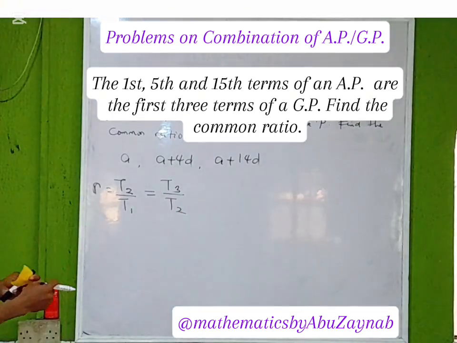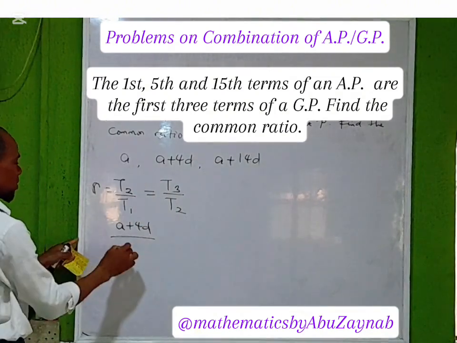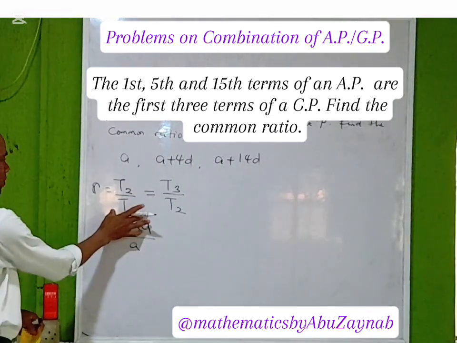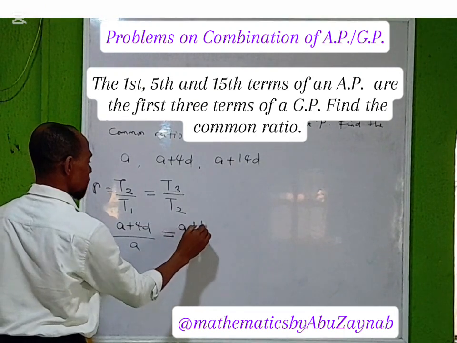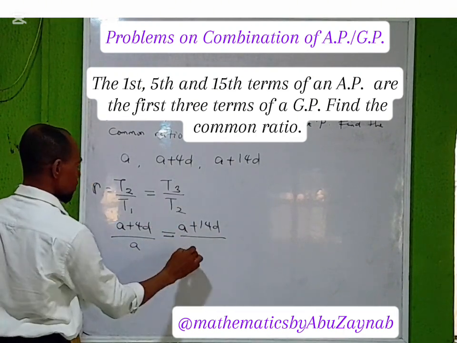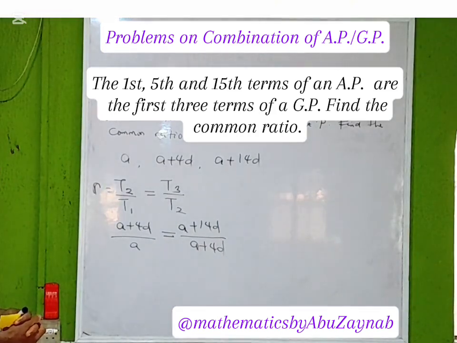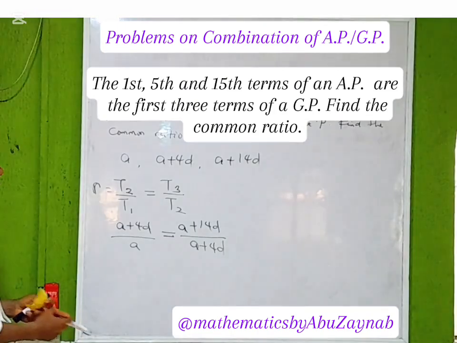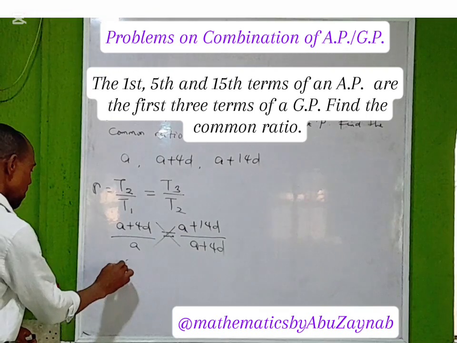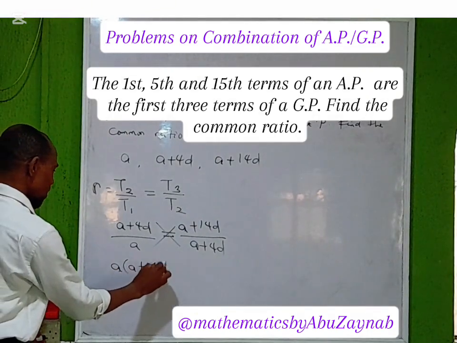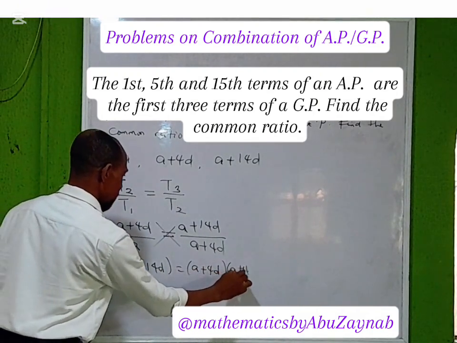So using this concept, the second term here is A plus 4D, and the first term is A. This equals the third term, A plus 14D, over the second term, A plus 4D. In fact, this is the clue or trick to solving this question. After getting this equation in fraction, we simply cross multiply and solve. Hence, we have A times (A plus 14D) equals (A plus 4D) times (A plus 4D).